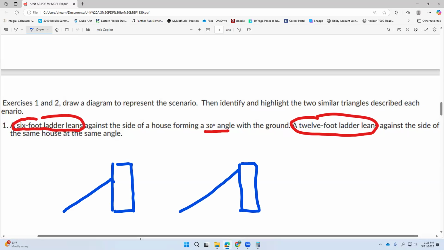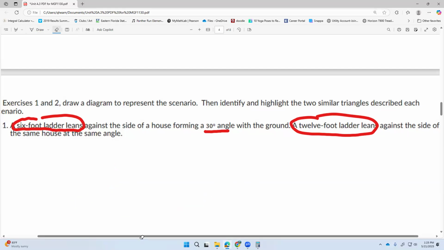So they draw 2 separate diagrams. Other students combine them into one. I'm going to go ahead and go with drawing 2 separate diagrams because sometimes when we draw them in the same diagram, the triangles overlap and it's a little more challenging. So I'm going to pretend like it's on 2 separate days.